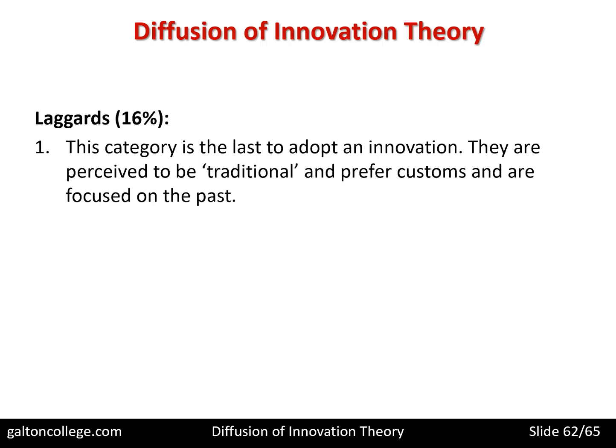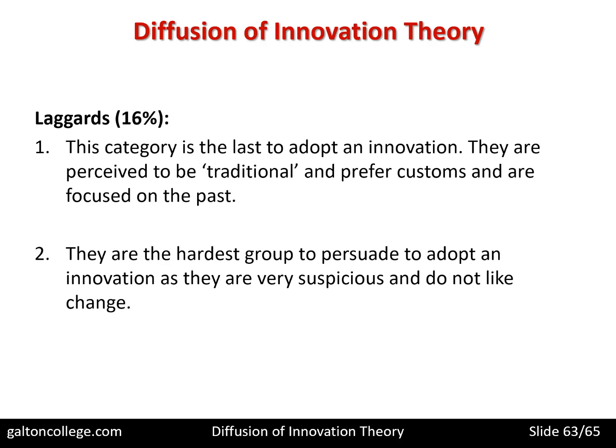They prefer to do things the traditional way. They're not really that keen on the product. They're not that pushed. So they will get it eventually, but only when everything else has failed and when they can't get an alternative, perhaps cheaper alternative, that satisfies their particular requirements.